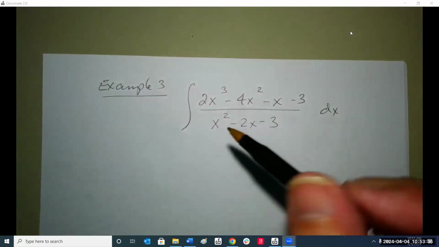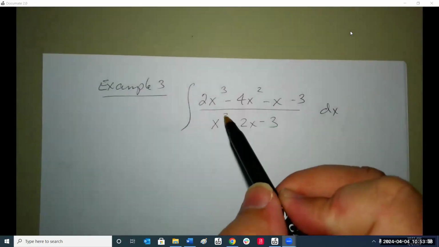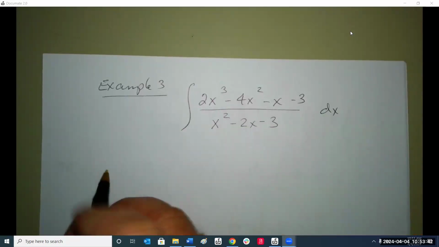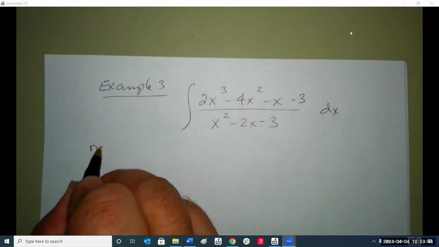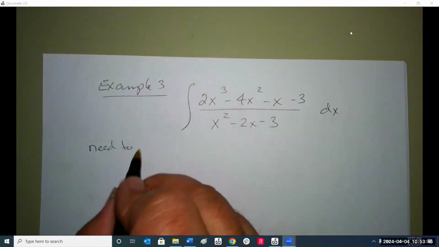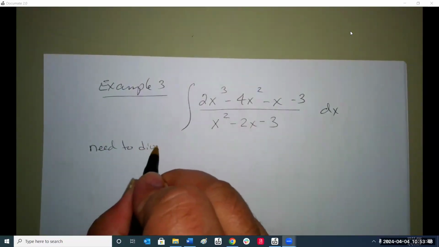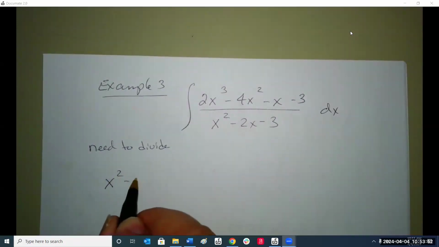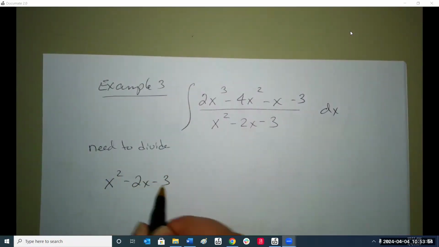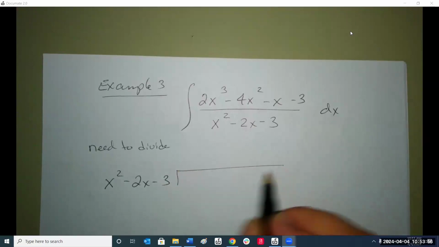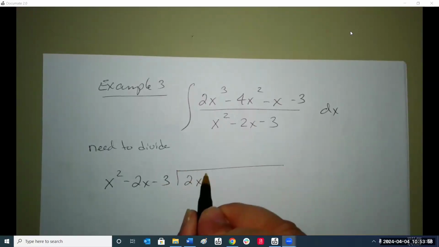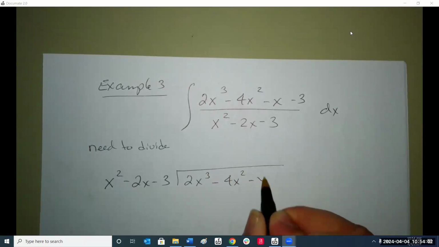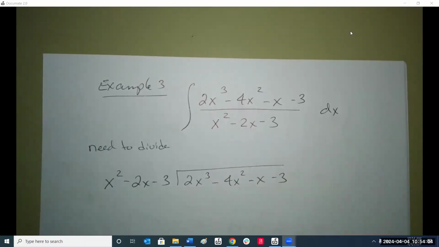Remember, the condition was I had to have a larger exponent on the bottom. Since it's not, I need to divide. So I have x squared minus 2x minus 3 into 2x cubed minus 4x squared minus x minus 3.